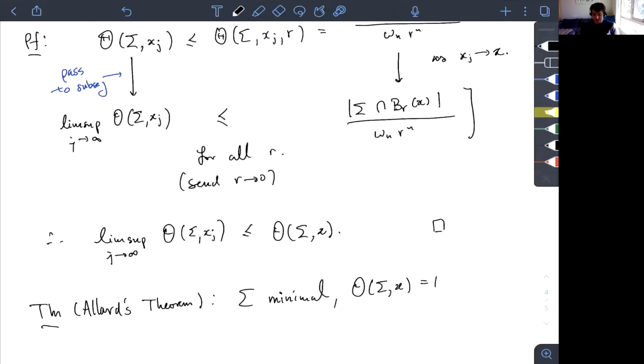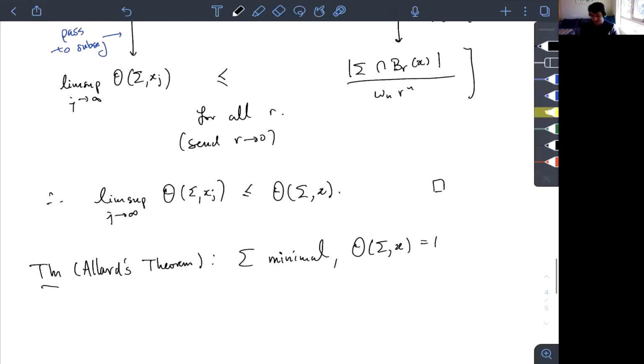What this theorem says is that if you're minimal, and if the density is 1, then sigma is regular at x. As usual, this result even holds with the density being 1 plus a little bit, but we don't need to worry about that.